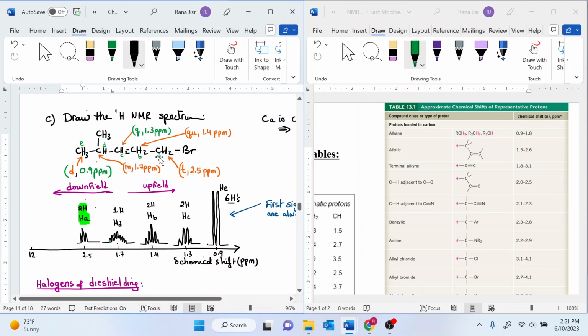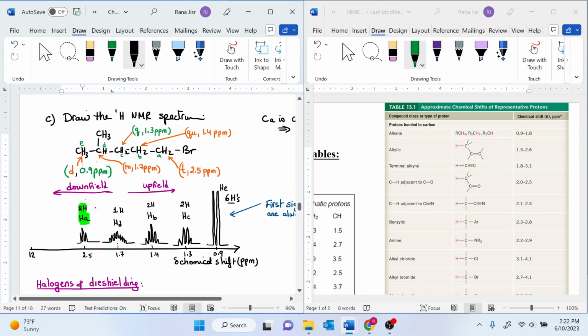Now, I'm expecting, as I said, hydrogen A to be furthest downfield, so I'm going to skip that. And then I do have hydrogen C. Hydrogen C is going to be directly next to the double bond because hydrogen C is far away from the bromine. So hydrogen C is going to be split by one hydrogen on this side, two hydrogens on the other side, plus one, so it's going to be 4 peaks.